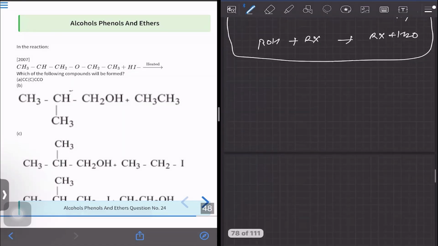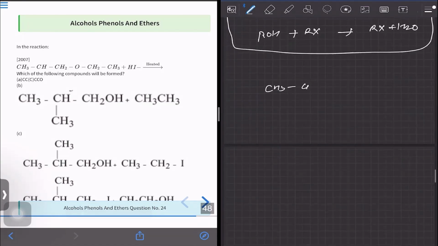So first will be CH3, CH, CH2, O minus, CH2, CH3. So see, it has positive here and positive here. Which positive is more stable according to the minus I effect? See, it has a negative tendency.